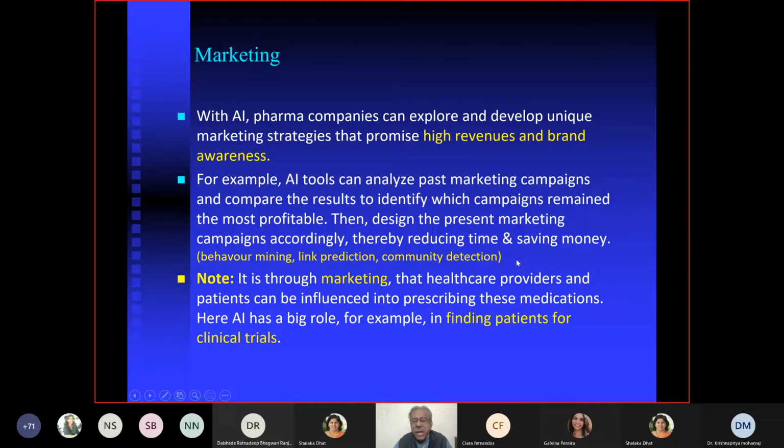That means you need to predict which product will be much more sellable to the community. That's why it's called a community detection problem in online social networks. Similarly, link prediction problem, that means which one will be the most important product after 6 months, which is not so productive at this stage.